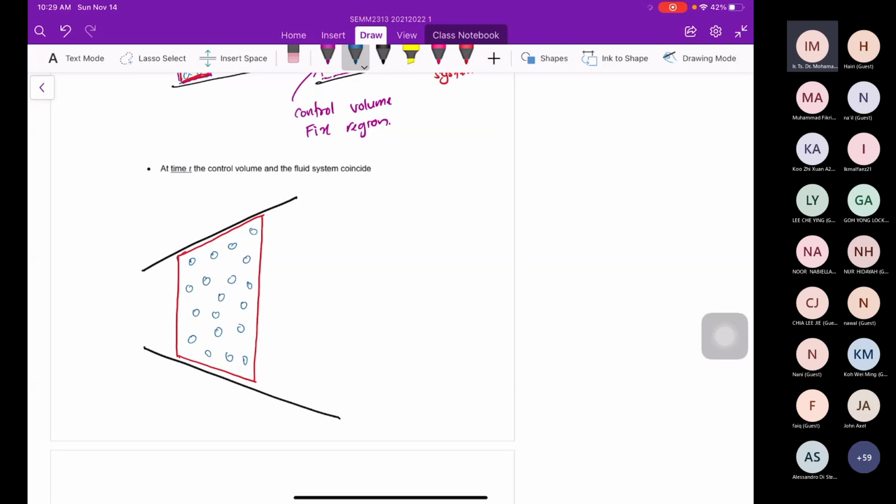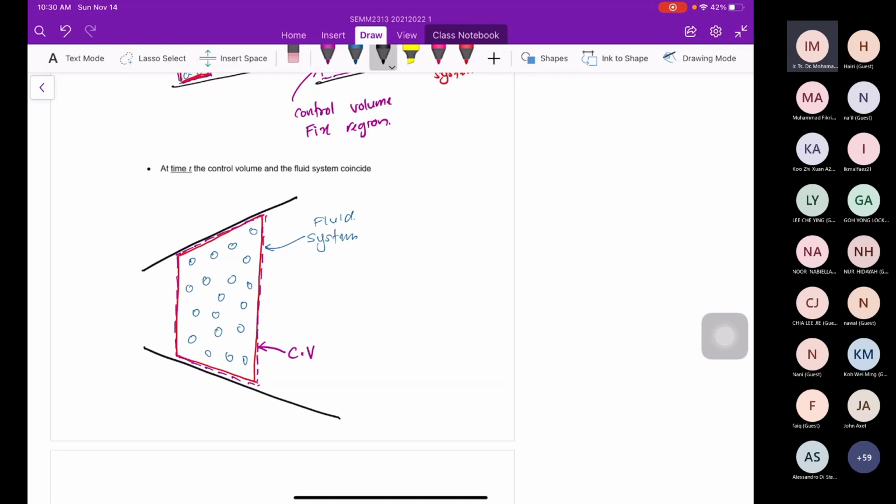This is the system, or the fluid system. And then when we want to investigate, we define at the initial time that the control volume coincides, at the same location as the system. So here is the control volume.